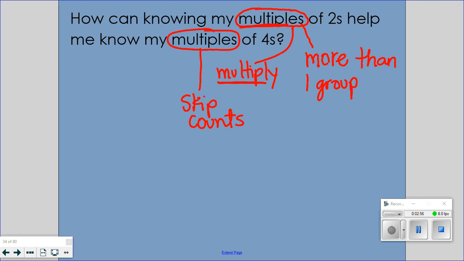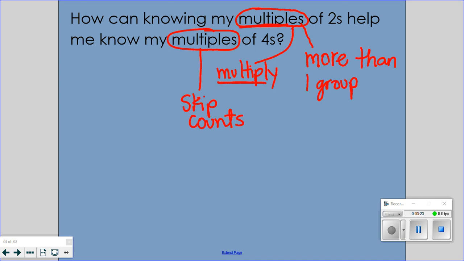Any number I can skip count by 5 is a multiple of 5. Any number I can skip count by 10 is a multiple of 10. That's what that means. So today we're going to be looking, how can knowing my skip counts of 2's help me with my skip counts of 4's?